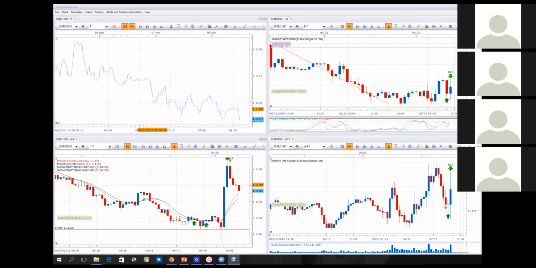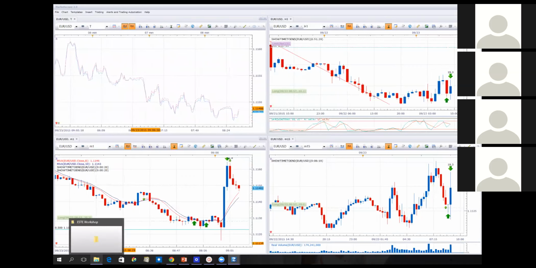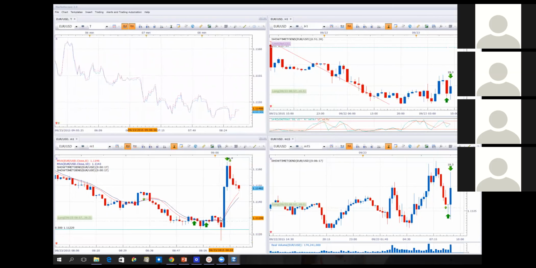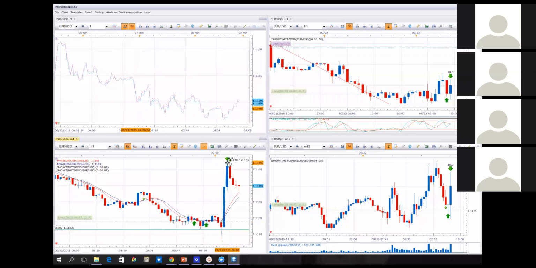Okay, any questions? It seems that whatever he dictated had a bit of movement. So if you shorted, you still would have made a pretty good amount of pips, 20 odd pips, and if you went long, another 40, 50 odd pips, depending on what you did, go long or short, right?